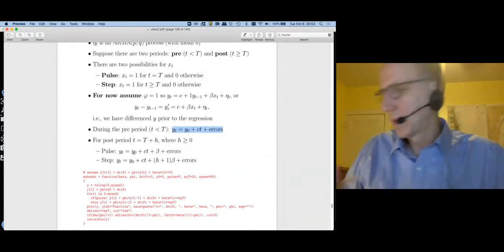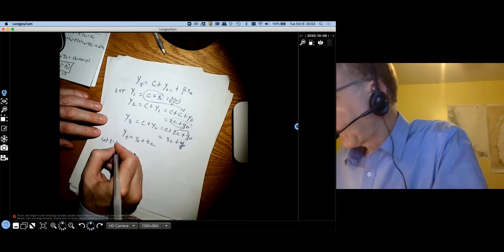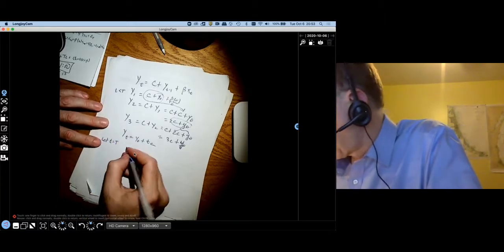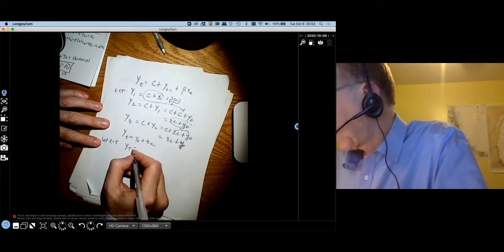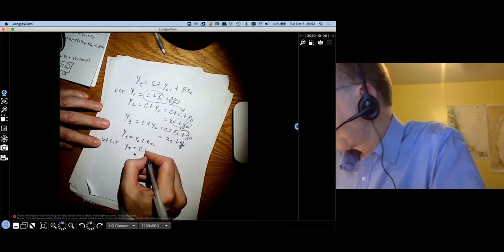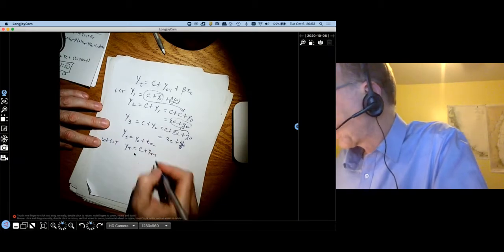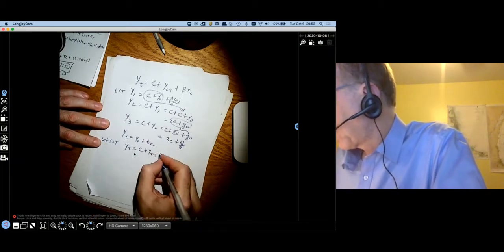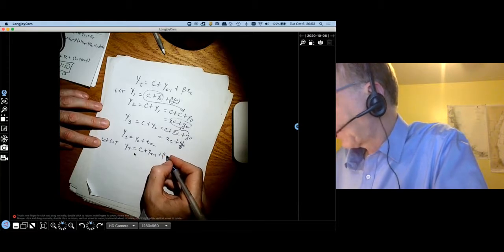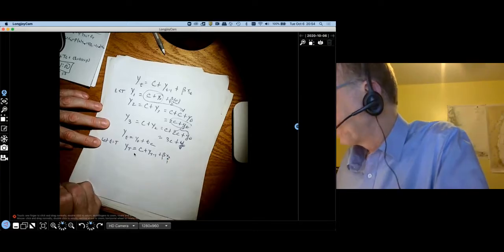If you want to see what happens in period big T, so let's just say that t is equal to big T, then y sub big T should be c plus y big T minus 1 plus, well, beta times x big T. Well, this is going to equal 1 now.